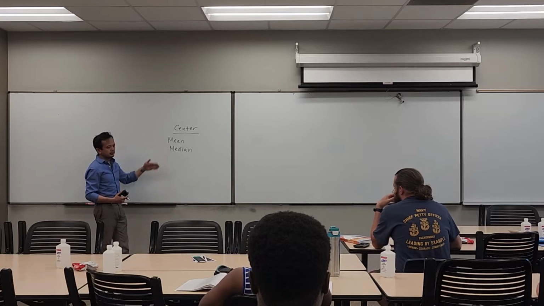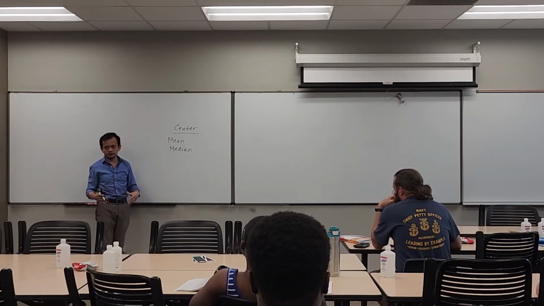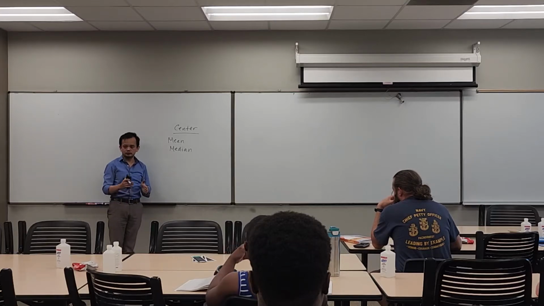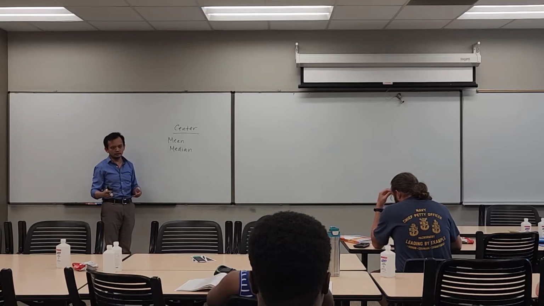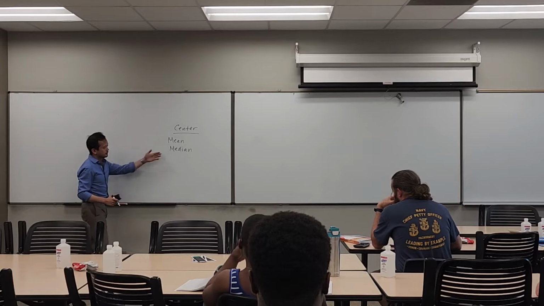So with the mean, for that particular data set, whether it represents a sample or a population, you would add up all the numbers in that group and divide by the number of numbers. For the median, you sort all the numbers in order, either lowest to highest or highest to lowest, it doesn't matter, and then you pick the number in the middle position. So that's the median.